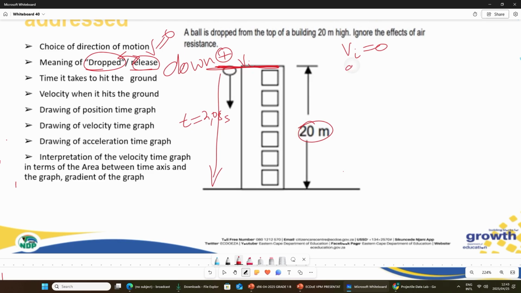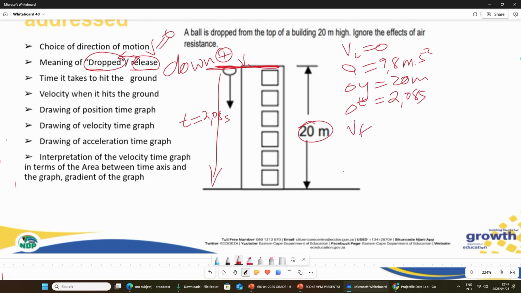Then we have the acceleration, which is 9.8 meters per second squared. Also we have delta y, given as 20 meters. Then we also have the delta time, the time calculated for the ball to hit the ground, which is 2.08 seconds.